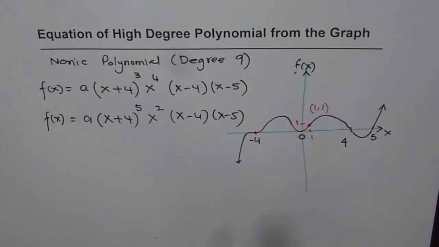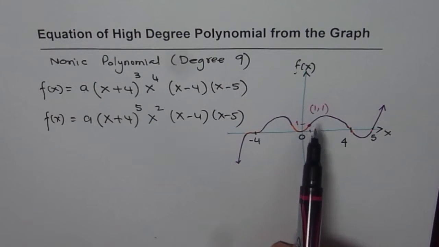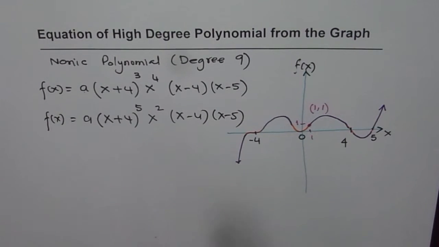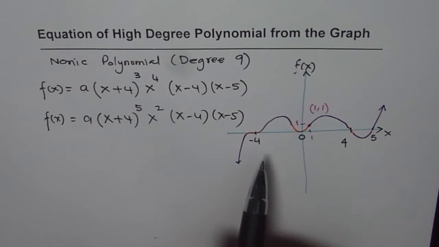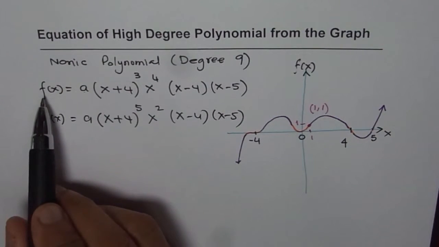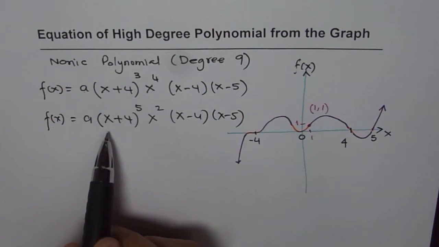In that case, we can always find the value of a, and then we'll know specifically what the equation of the graph is, right? So I'll leave that for you to calculate, but let me show you for the first equation, and you do it for the next one.